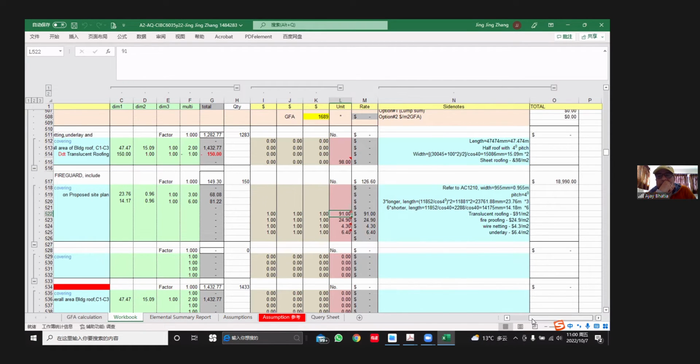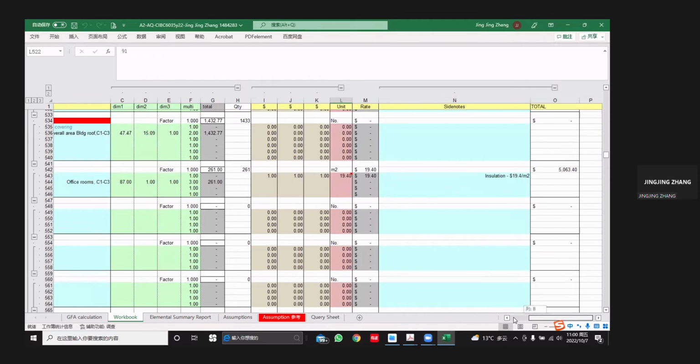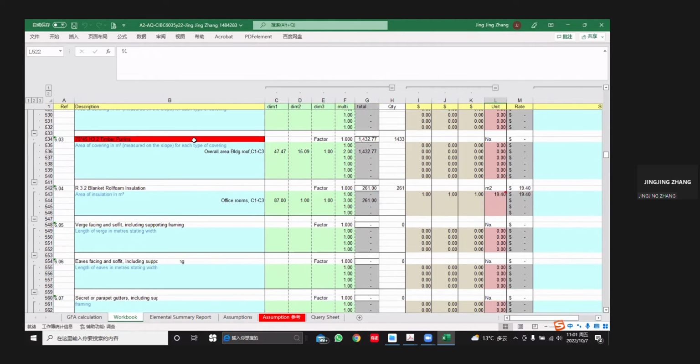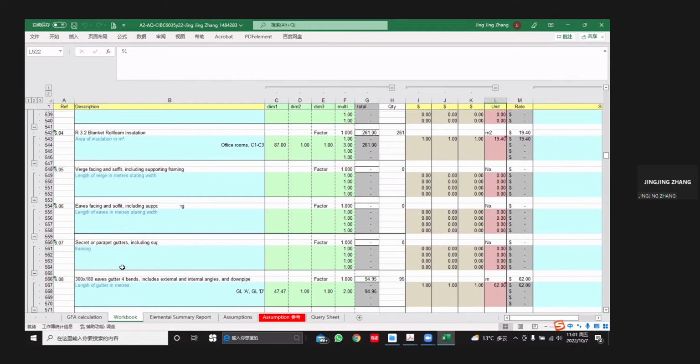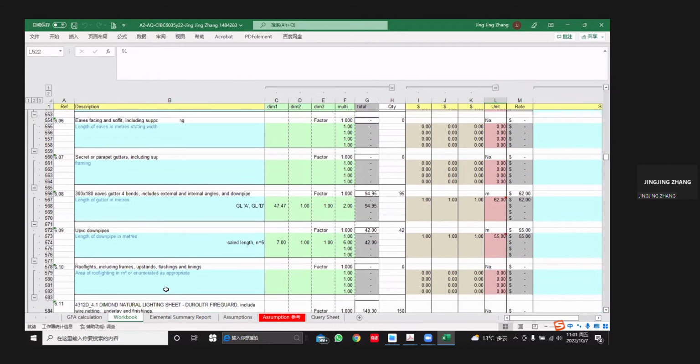So see over here, how did you find this translucent is $91 per meter square? Fireproofing is 24.9. Yeah. So you got these rates from Rawlinson basically. No, this one, and if that's not required. Yeah, I got the gutter, downpipes and so on.